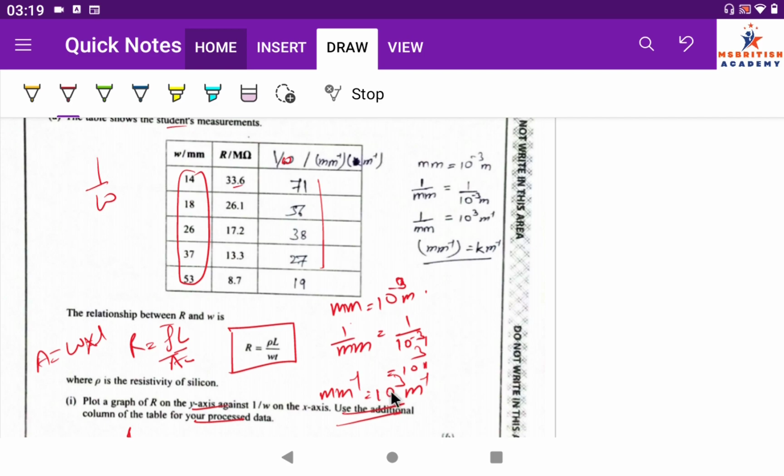You can also say this 10 raised to 3 as kilometer inverse.